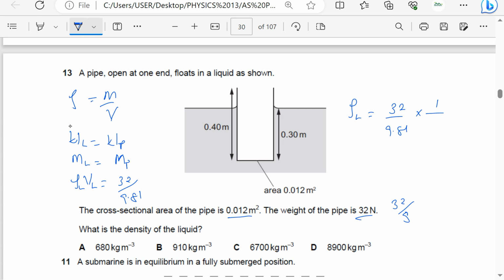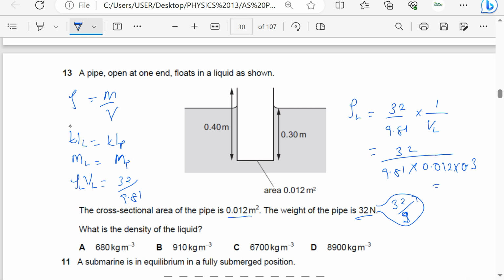The volume of the liquid is the cross-sectional area times the height. The cross-sectional area is 0.012, and the height of the liquid which is displaced is 0.3. So that is the volume of the liquid displaced.